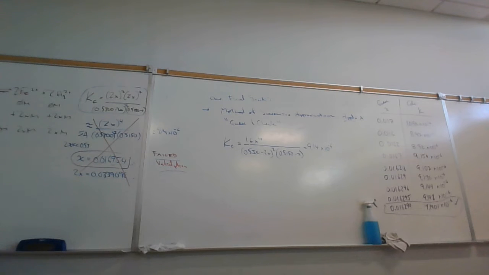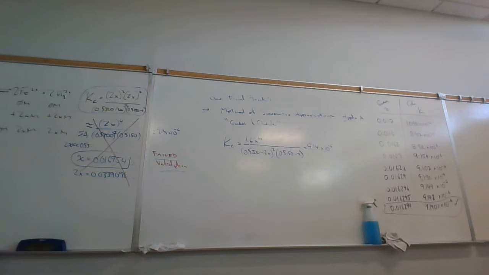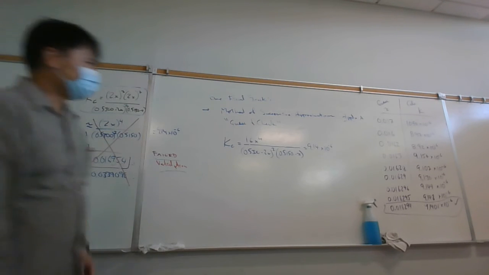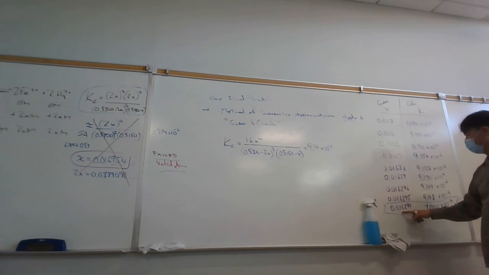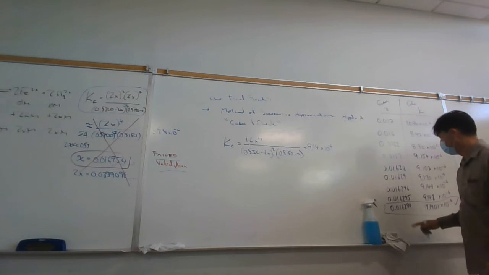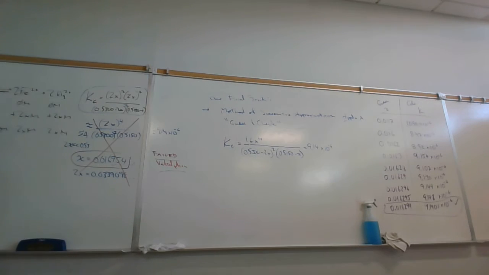All right, so now we have an X value. Let's go ahead and calculate the concentrations over here. And so it's going to be 0.5300 minus 2x. And so we need to double this, which was 0.032598.